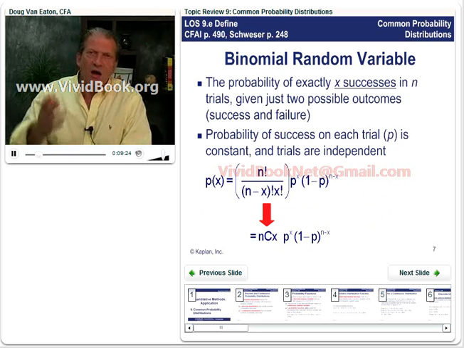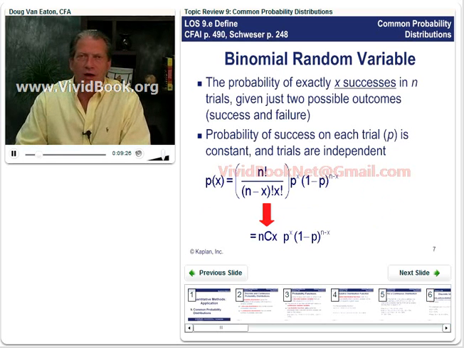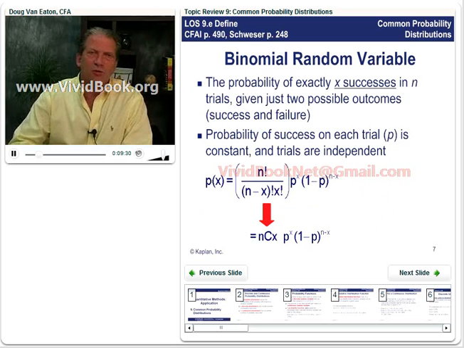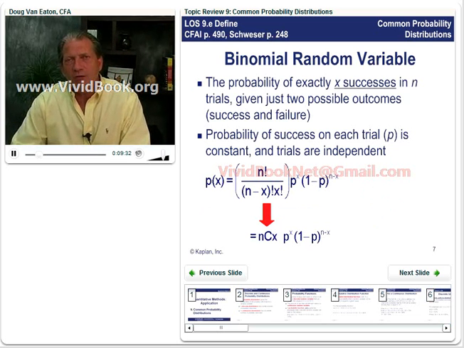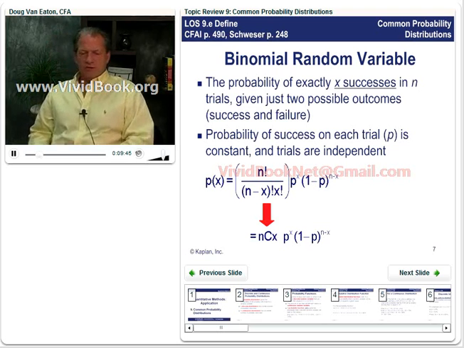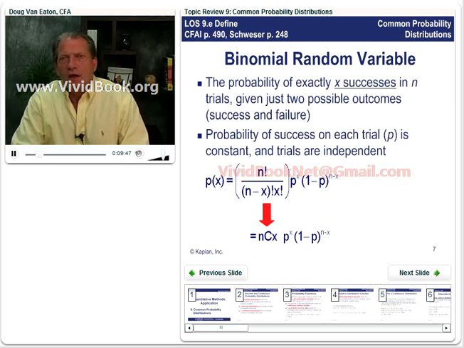So up or down, rain or shine, above 5%, less than or equal to 5%. Any problems that are defined like that might be ones where you're going to apply a binomial distribution or calculate a binomial random variable.